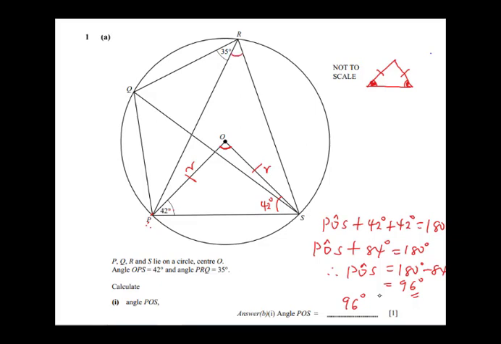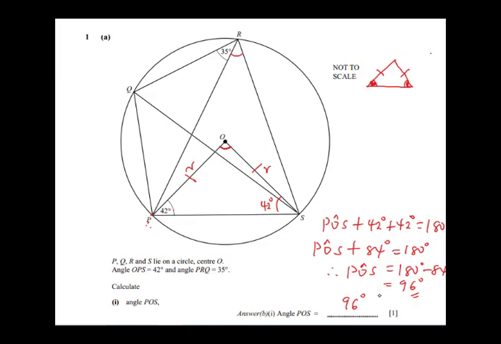Remember in one of the theorems that I showed us before this solution, I said that the angle an arc of a circle subtends at the center is twice the angle the same arc subtends at the circumference.